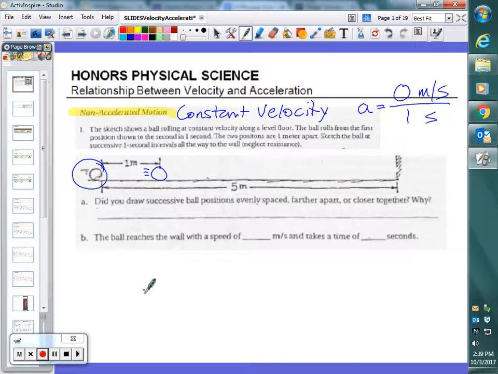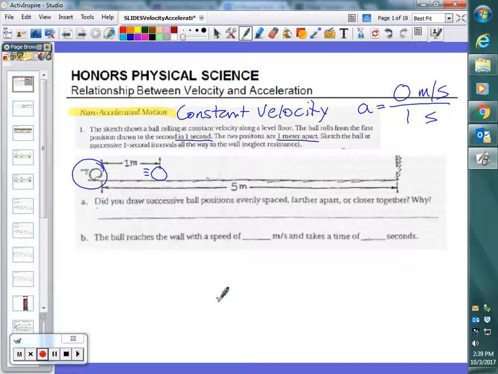Okay? Good so far with sort of the setup of this problem? Okay. All right, it says these two positions are 1 meter apart. Sorry, 1 second, 1 meter apart. Okay? So if the ball travels 1 meter, and it takes 1 second to do that, what is the ball's velocity? 1 meter per second, right?